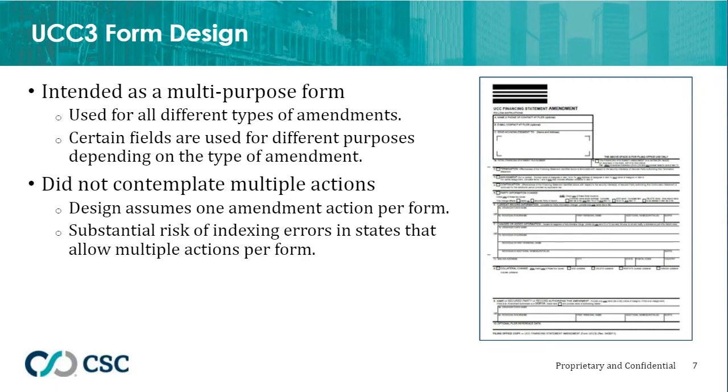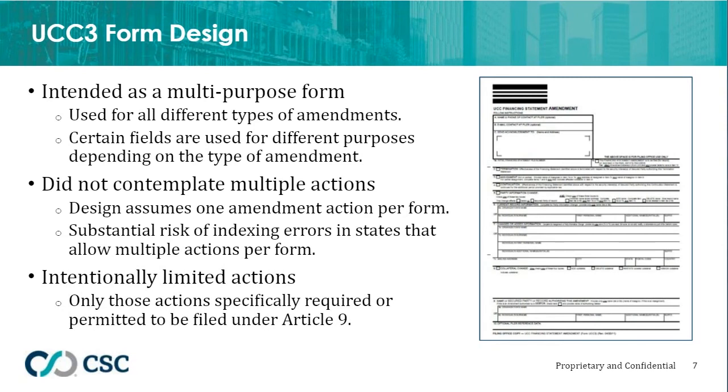Now, the form and the electronic equivalent was designed intentionally to limit the types of actions that can be done only to those actions that are either required or permitted under Article 9. That's why the standard forms do not have a miscellaneous amendment action or provide for subordinations or other types of things that people might want to file in the UCC records.